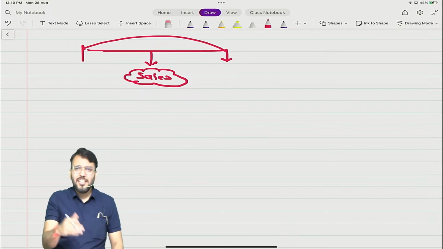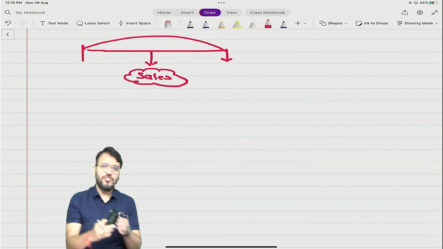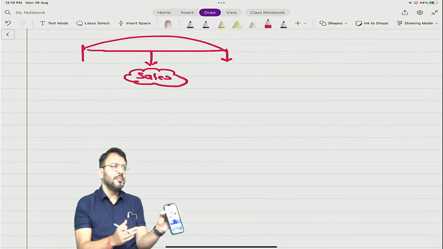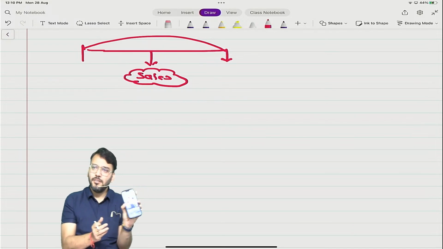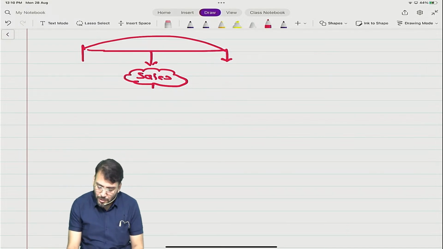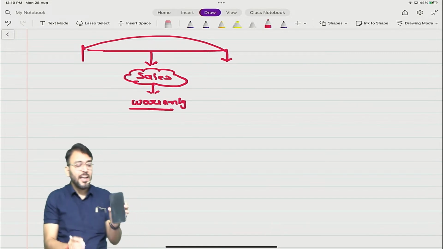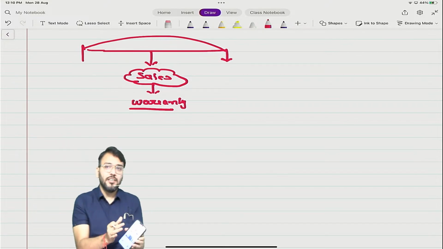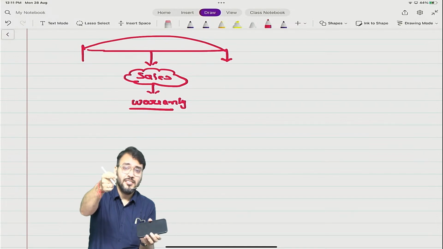Now normally you know sales, so there will be some warranty also with that sales. Suppose I have purchased this mobile, so there is a warranty period of what? 1 year. So whatever goods you have sold, it is with warranty. Means anything happens in this mobile within 1 year, the manufacturer will repair that.